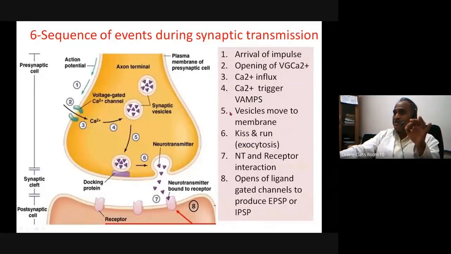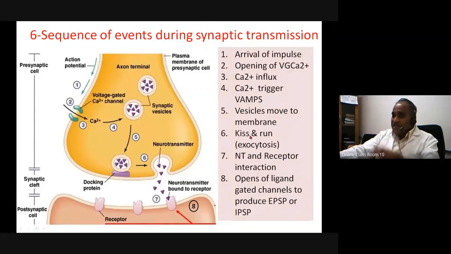That means event number 5 is the movement of the vesicle by these vesicle associated membrane proteins and intermediates. That means this is a v-SNARE and a t-SNARE and intermediate proteins. They all put together move this vesicle to the docking site, the docking protein.